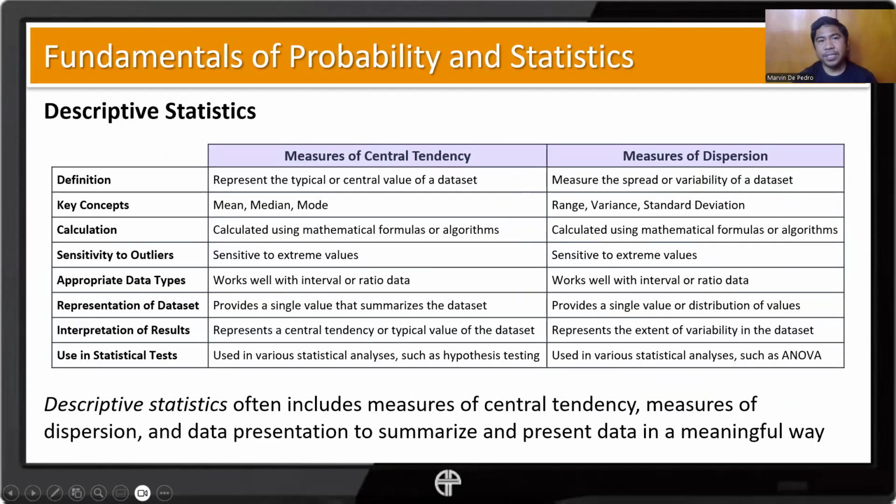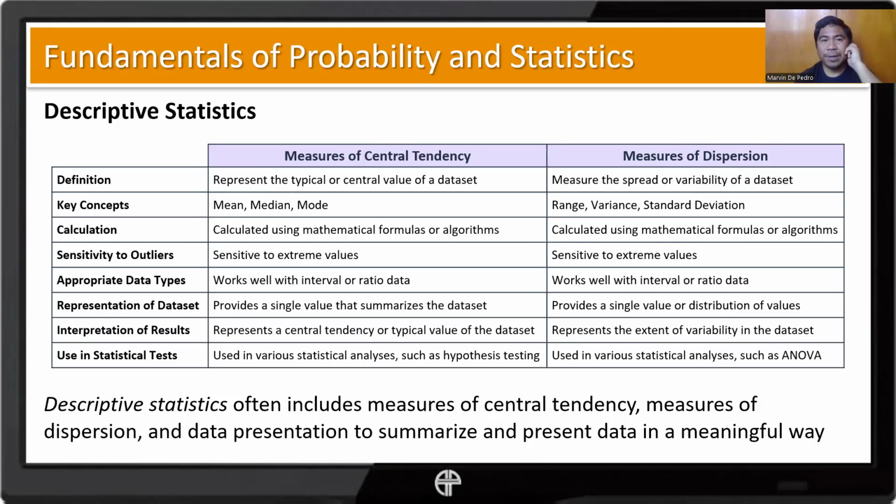Okay, so in descriptive statistics, the two aspects that we focus on mostly are the measures of central tendency and the measures of dispersion. In measures of central tendency, we want to represent the typical or central value of the data set, and we do that by calculating the mean, the median, and the mode.